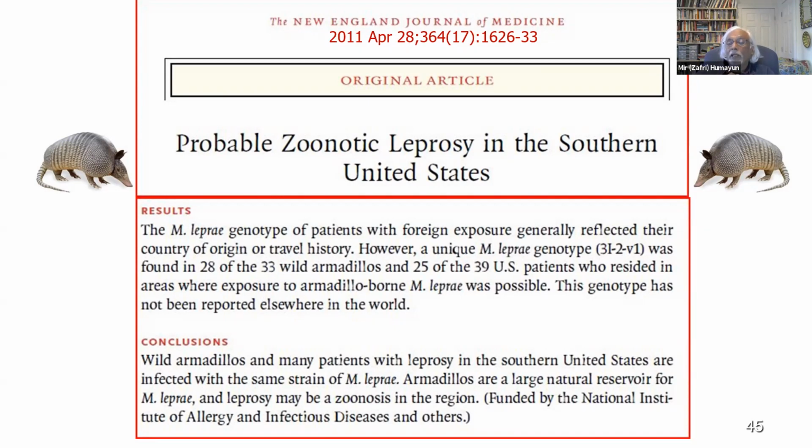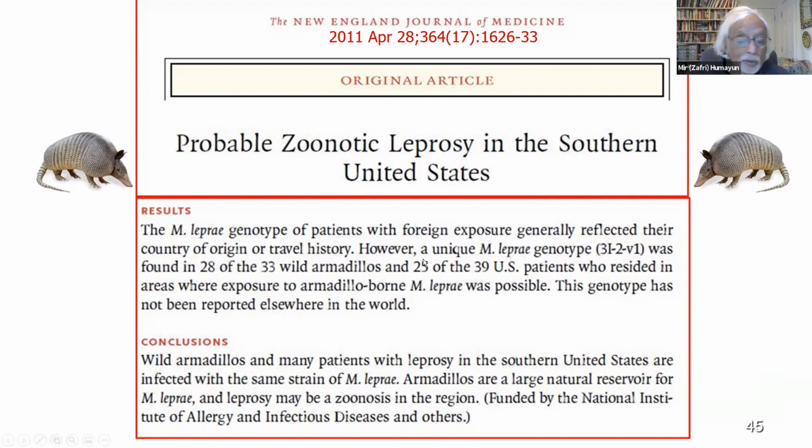And the reason that same strain shows up in southern United States, in a fraction of people in southern United States, is because armadillos and humans interact in the form of, armadillos are an animal that are hunted for meat. So it's possible that consumption of armadillos or some other way of maintaining close contact with the armadillos results in transmission of the disease to the human population as well.